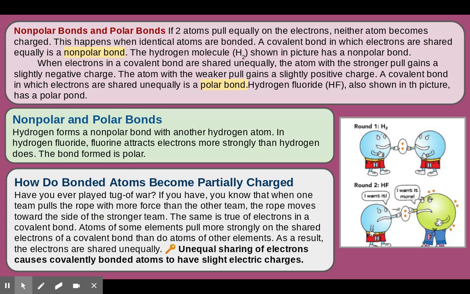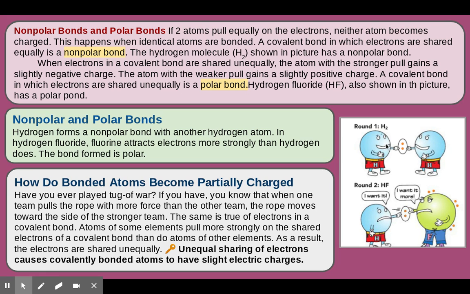So when these covalent bonds are sharing, sometimes atoms are bigger than the other parts, and when the electrons have to spend more time around the bigger side, then we say that becomes a polar bond. And so it has a side that has a certain charge, and the nonpolar bonds, they share equally.